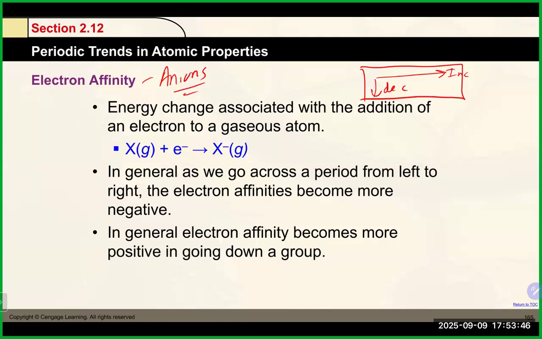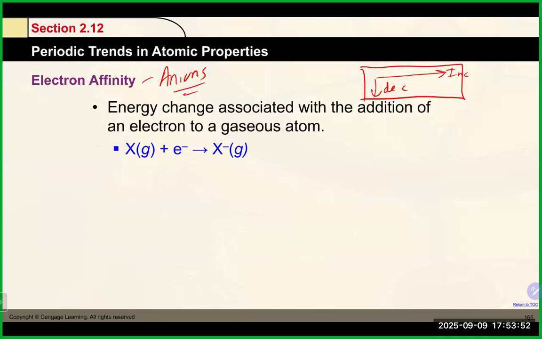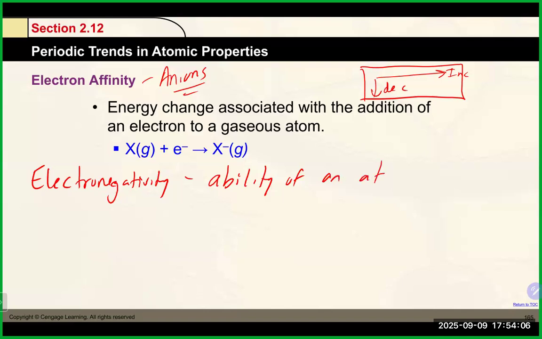As I mentioned a second ago, this is different than electronegativity, which is another important trend, and is actually in chapter 3. Electronegativity is the ability of an atom to attract electrons towards itself.